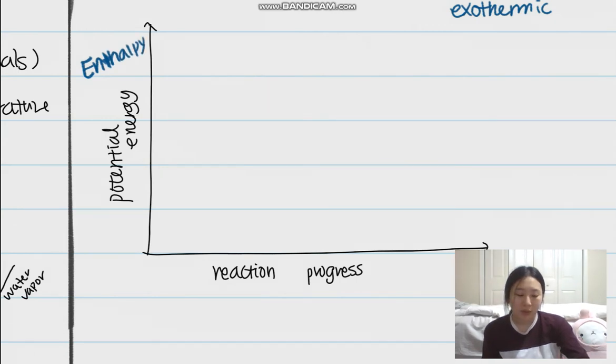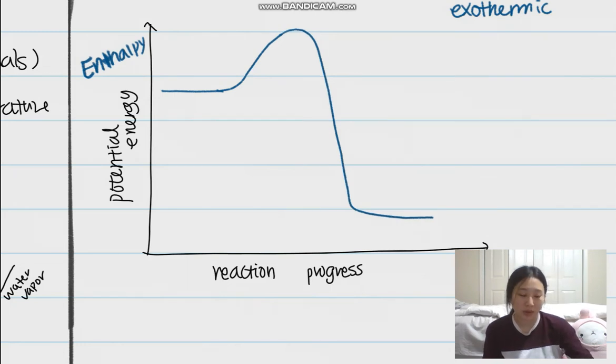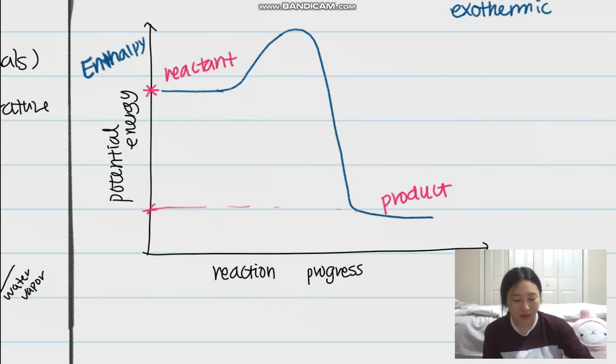Alright, because this is an exothermic reaction, I need to produce some heat. So you're going to start from high potential energy, and then we need some energy, like the activation energy, to do the reaction. And then you will eventually make a product. So here would be the reactant, and then over here would be the product. I hope you can see this difference. You start from here in the potential energy, and then you get that.